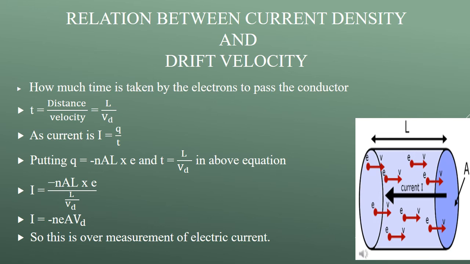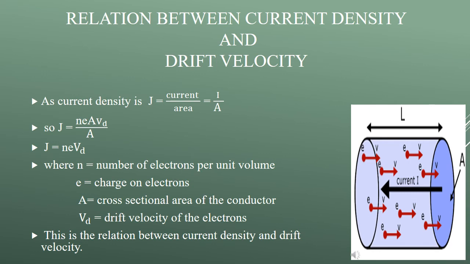That is the significance of this negative. Otherwise, magnitude wise, I equals neAvd. So this is our famous formula of electric current related to drift velocity.